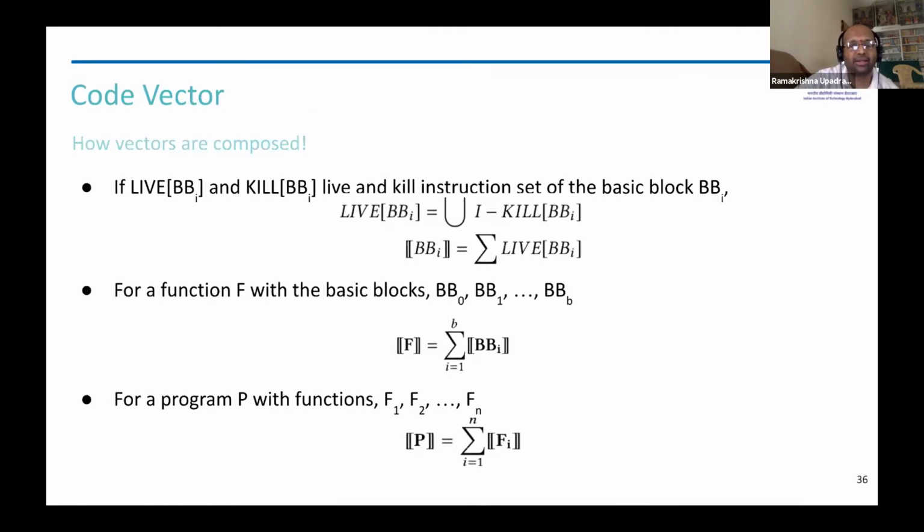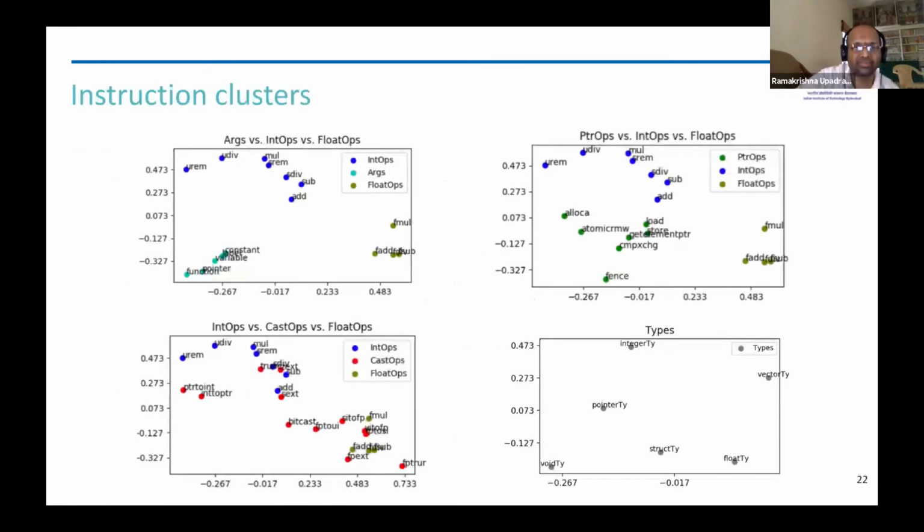So we get these code vectors, and taking these code vectors and training them leads to some nice clustering. For example, you can cluster the LLVM instructions in a nice manner. It turns out that because of this encoding, the arguments, for example function, pointer, variable, constant, are clustered together.